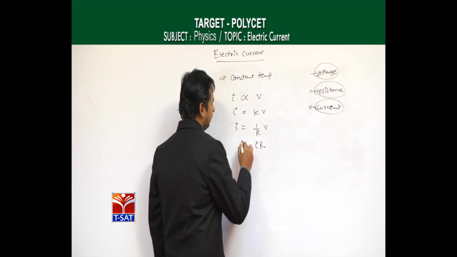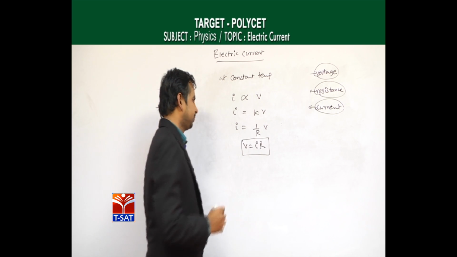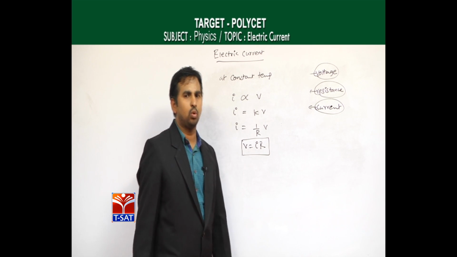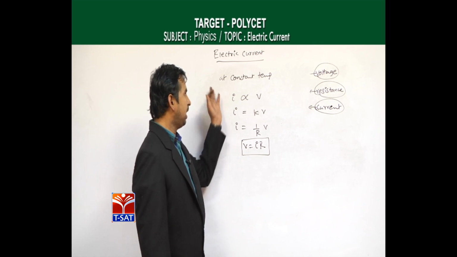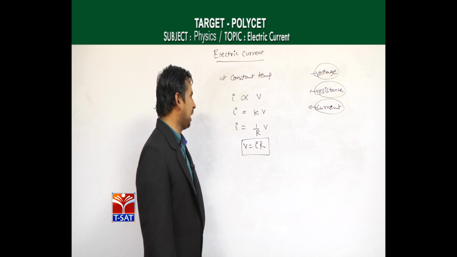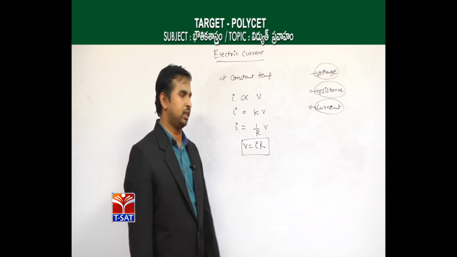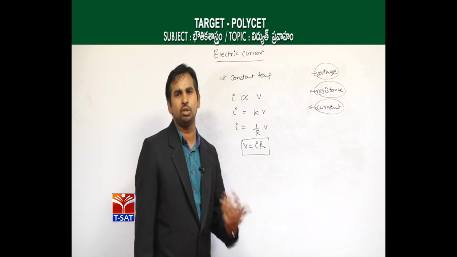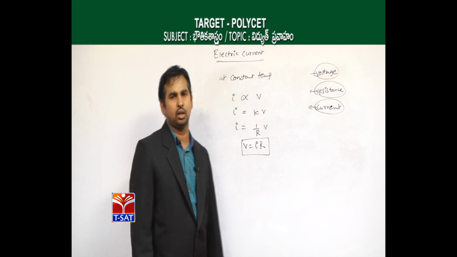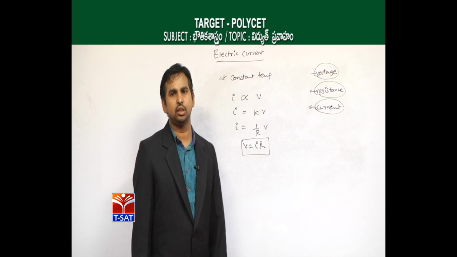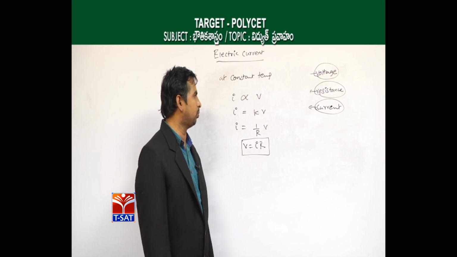So Ohm's law says that at a constant temperature, the current you draw through the electronic component is directly proportional to the potential drop across that electric component.